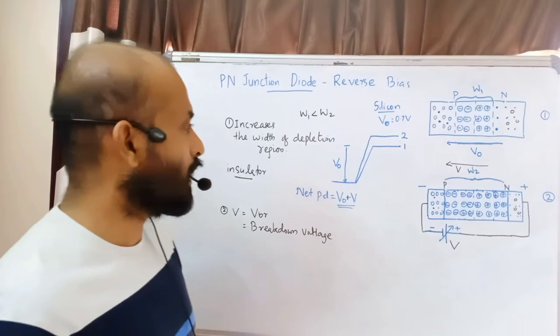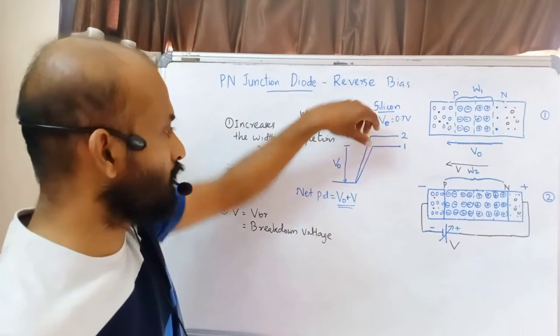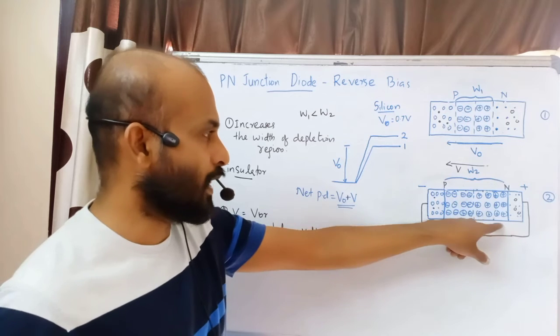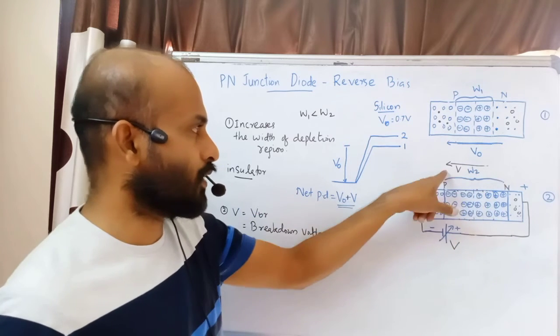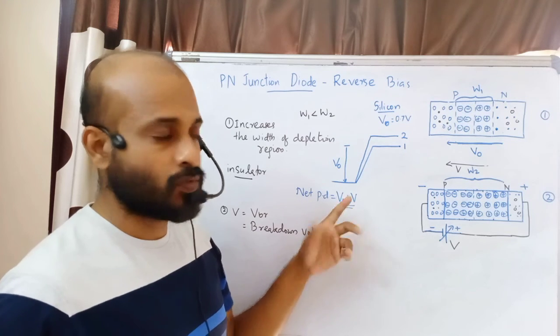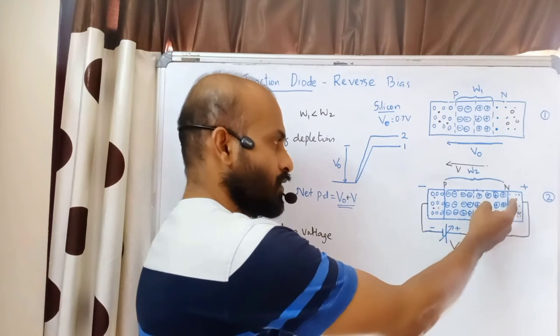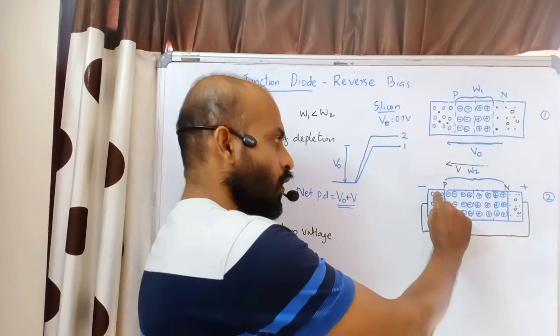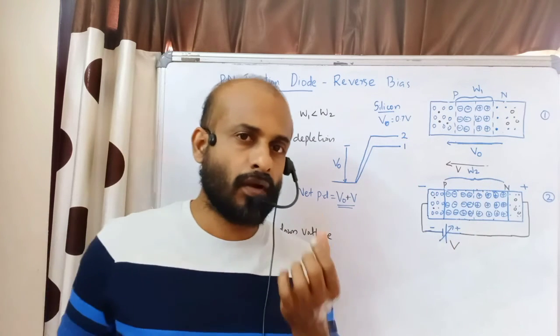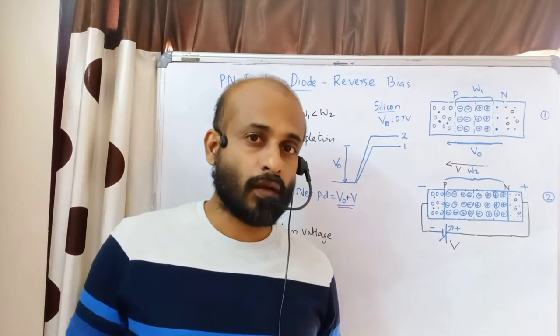So in reverse bias, what happens? The external potential will be in the same direction as that of the barrier. This is the direction of barrier potential. This is external potential. Both will be in the same direction. They will get added up. So electrons are not able to cross the junction from N side to P side. Holes cannot move from P side to N side. But there will be a minority current in the order of microamperes.